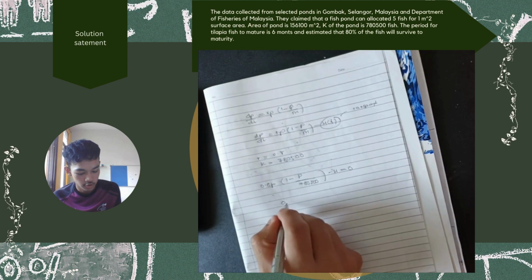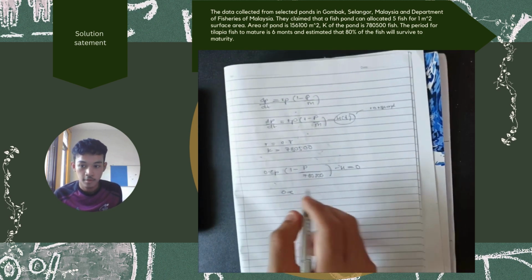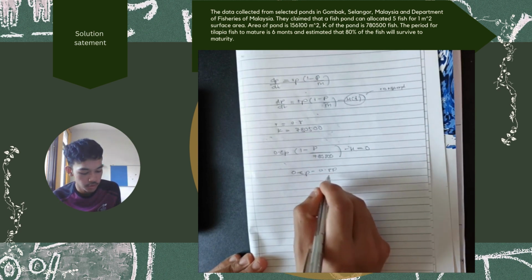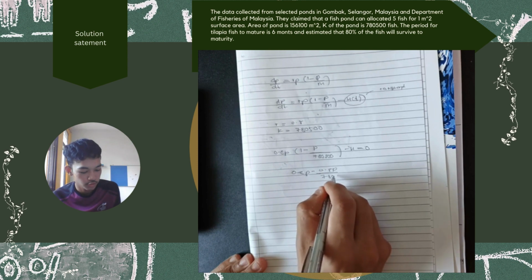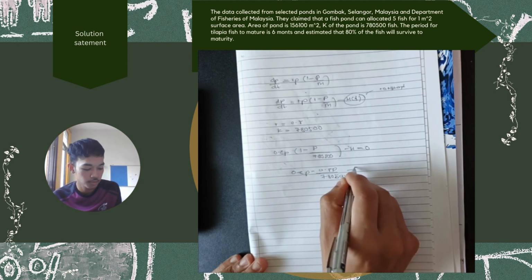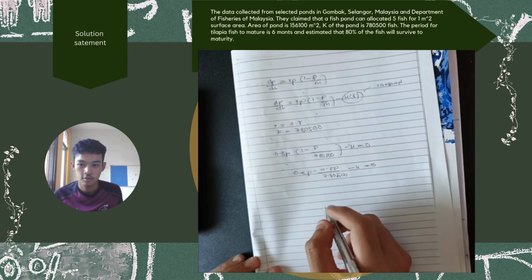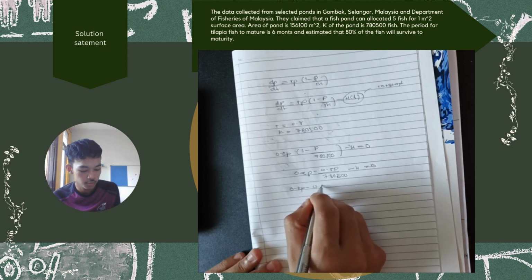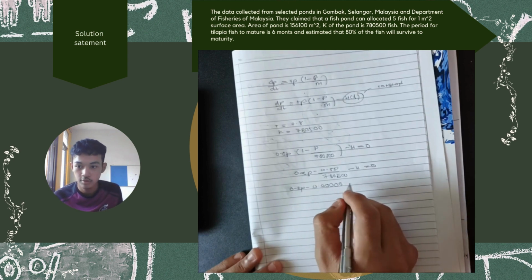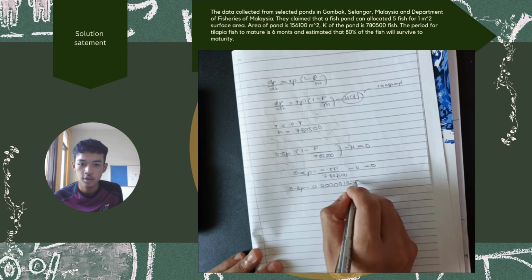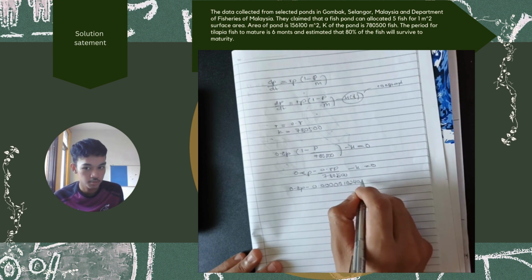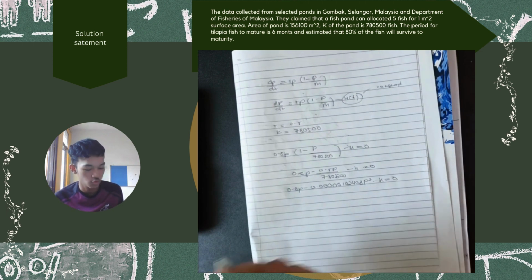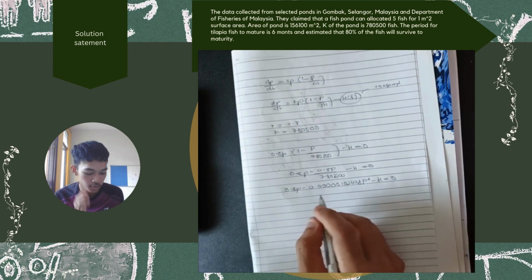So we get 0.8P - 0.8P²/780,500 - H = 0. So we get 0.8P - 0.000000102498P² - H = 0.